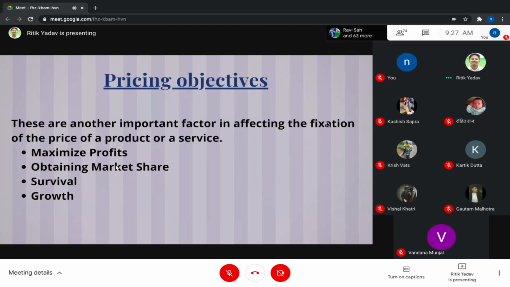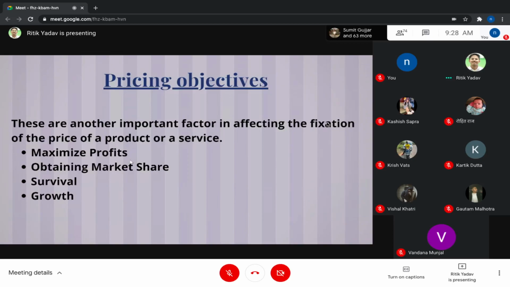Apart from maximizing profits, the firm may also include the objective of obtaining market share leadership by keeping lower price levels of the product. Third, surviving in the competitive market with the help of discounts or promotion techniques. Fourth, a company may like to attain the product quality leadership by paying higher prices in the research and development.